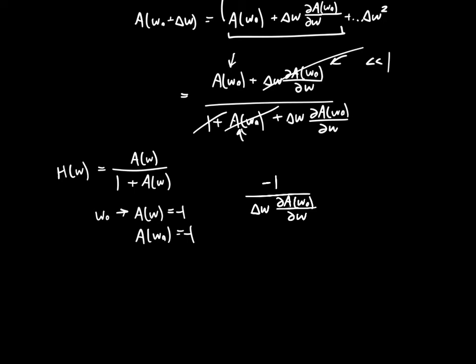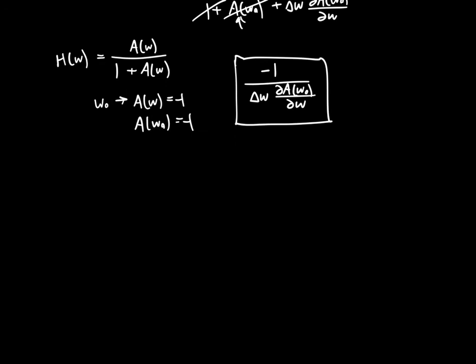Well, now we're kind of getting somewhere. So this is an interesting intermediate result. And in fact, this is actually the final result. It's just we're going to expand this a little bit. So what does this say? Well, this says that H, our transfer function, looks like 1 over delta omega, multiplied by some constant, which is this derivative at a point.